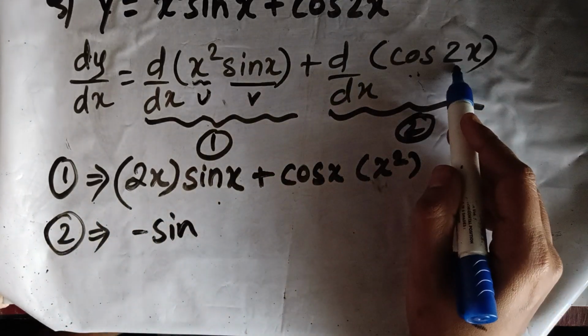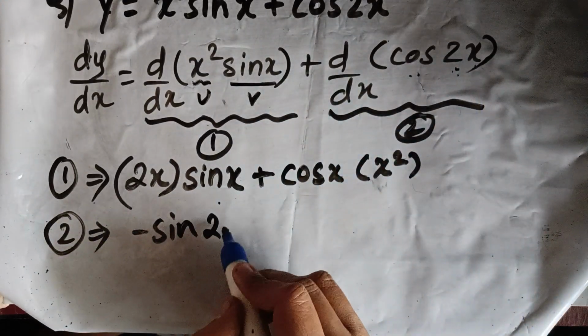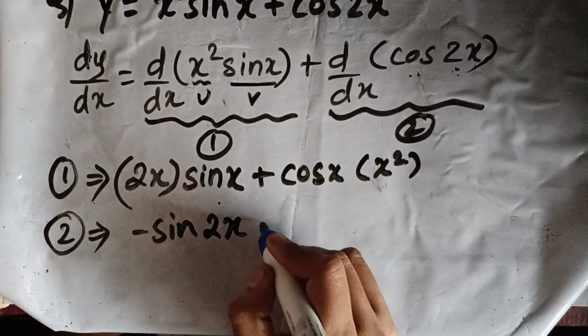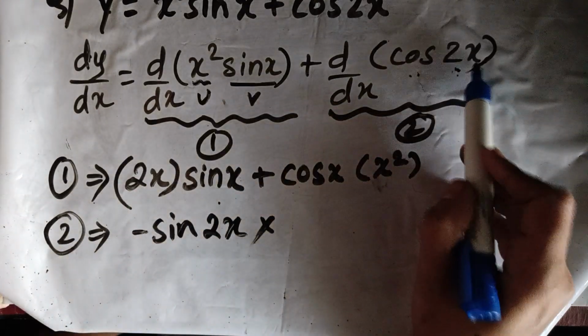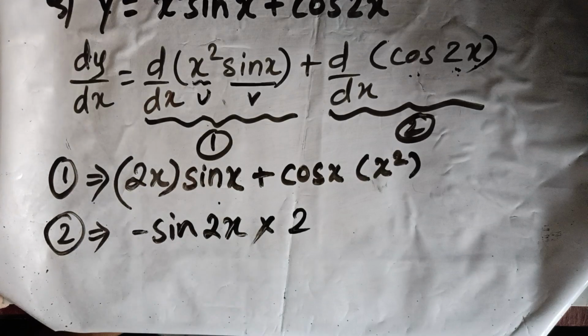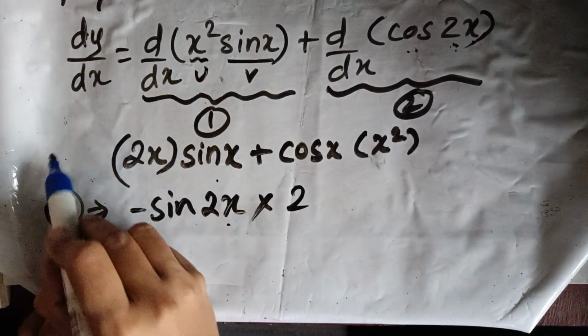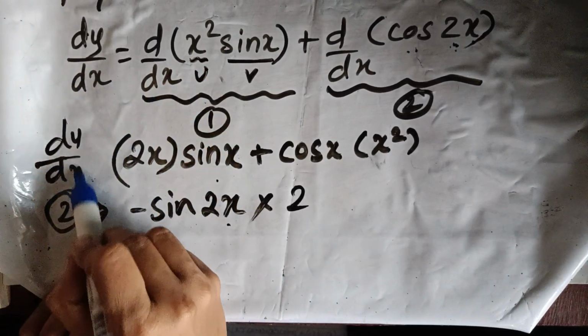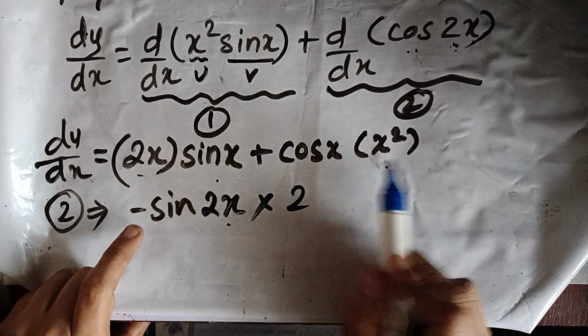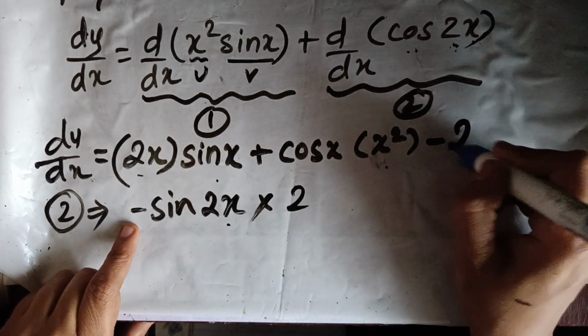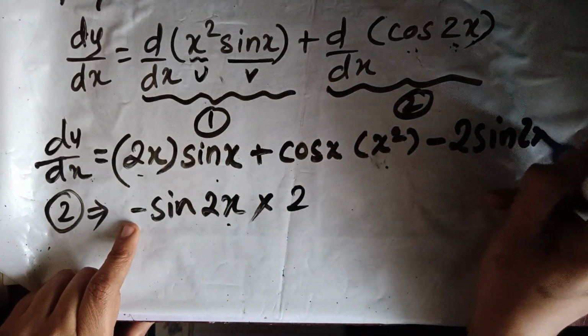But here 2x is there. So you have to take 2x into derivative of 2x you have to write. That is 2. This is the derivative of whole thing. Okay. So our derivative becomes dy by dx equal to, this is the first one, and minus 2 into sin 2x.